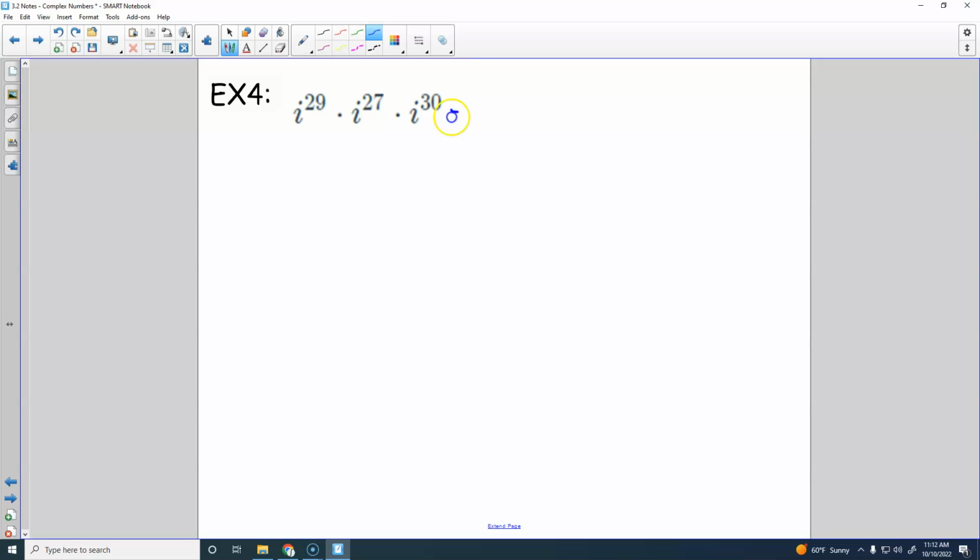Or we can combine these first, right? So if I do 29 plus 27 plus 30, it's going to give me 86. i to the 86th power. Right, and if I do 86 divided by 4, it does not go evenly. It gives me like 21.5.